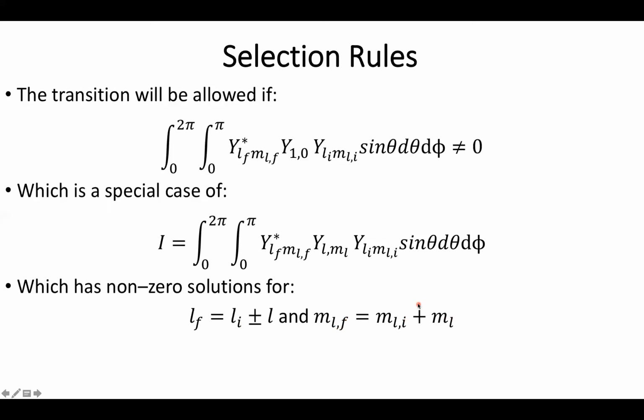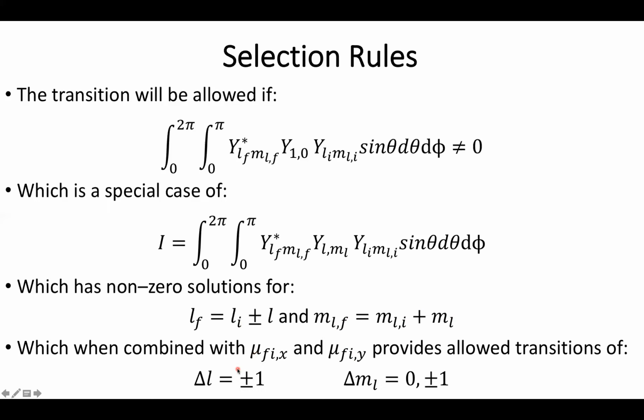Unfortunately, it turns out that we dropped a couple terms. Specifically, we dropped the transition of the orbital angular momentum in the dipole moment in the x and in the y direction. So when you include the y and the x direction, it turns out not only does the orbital angular momentum have to change by 1, but I've got 3 possibilities for my m sub l value.